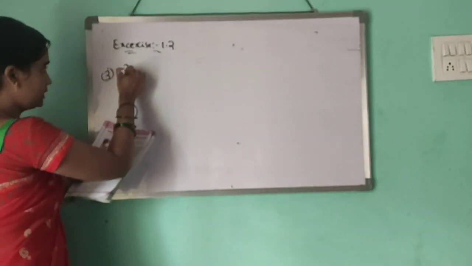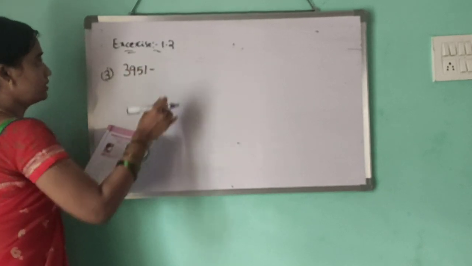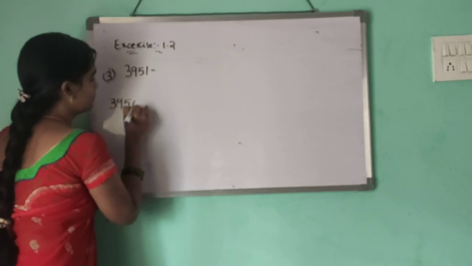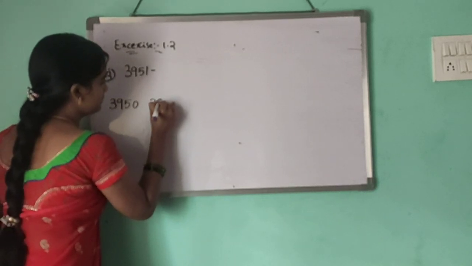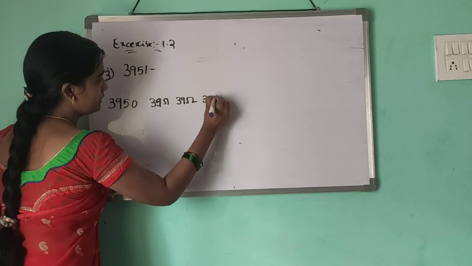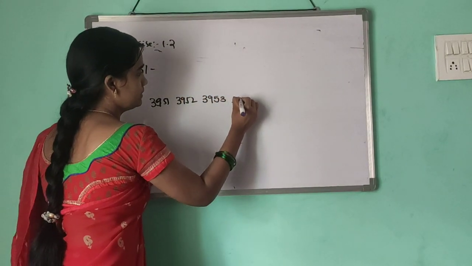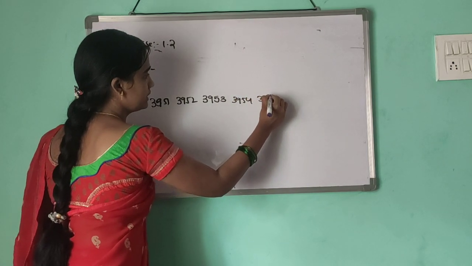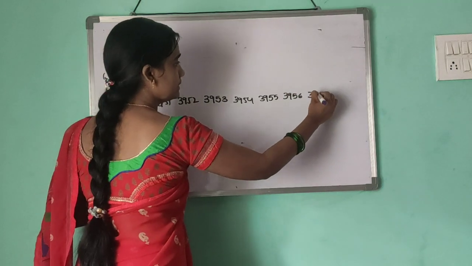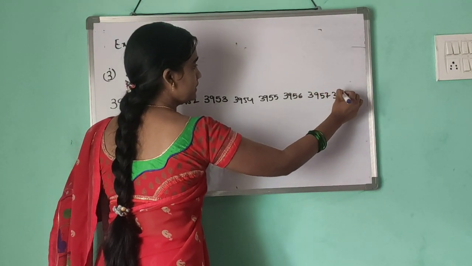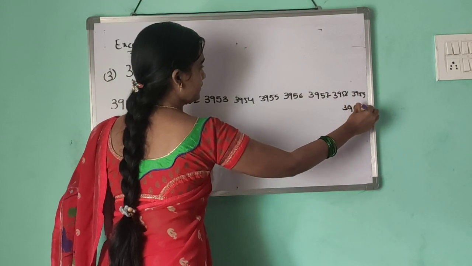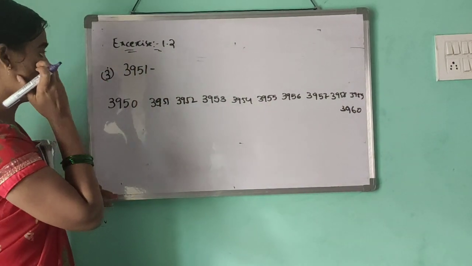For example, here we take 3951. How can we find it? Here also we write the numbers 3950, 3951, 3952, 3953, 3954, 3955, 3956, 3957, 3958, 3959, 3960.